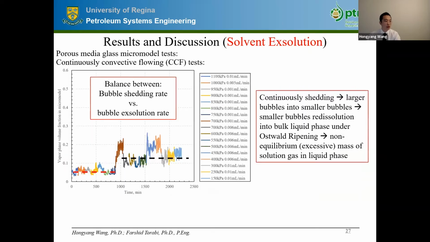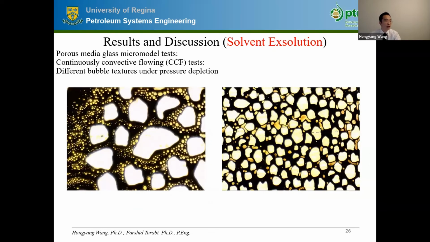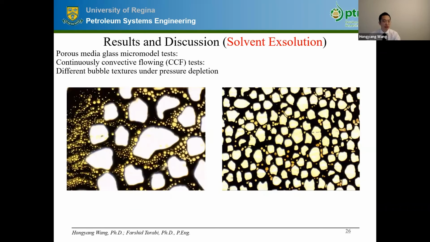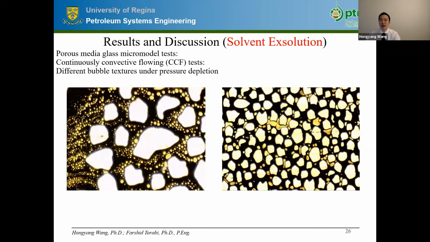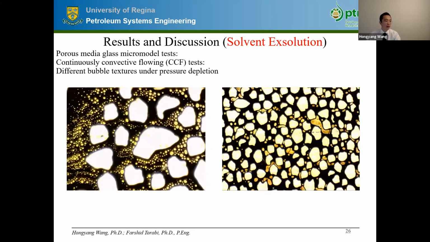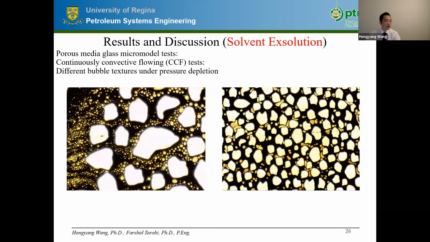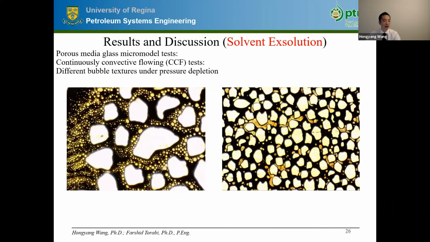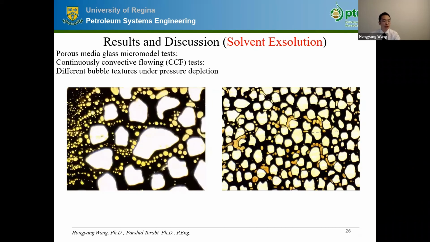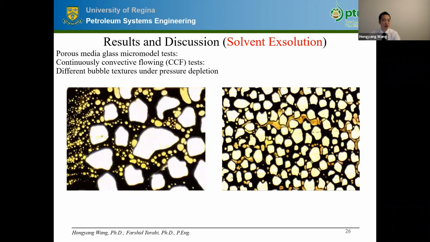Here are the two different bubble textures that we observed during the pressure depletion. On the left-hand side, the bubbles are very tiny and the bubble density is very dense. And on the right-hand side, relatively larger bubbles were observed in the micromodel during the foamy oil flow.